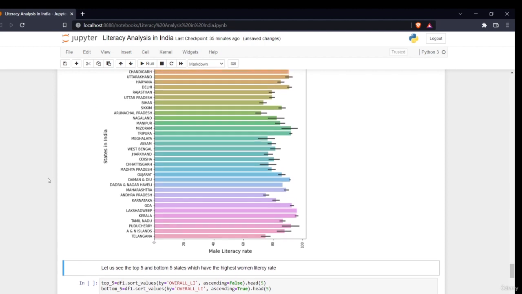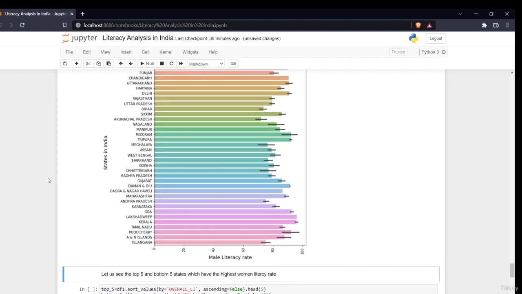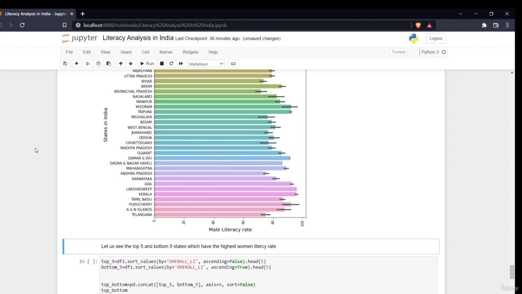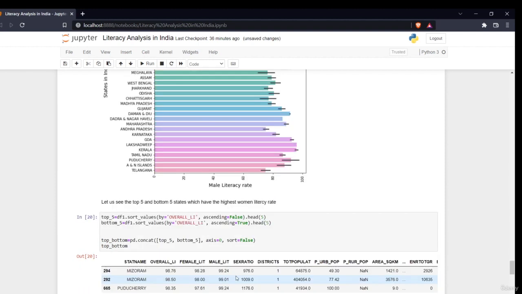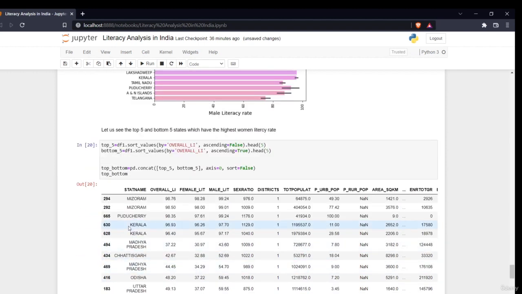Now let us see the top five and the least five states. I'm sorting the values and taking the top five values. I'm making a new column, top bottom, which has 10 values, 10 states.